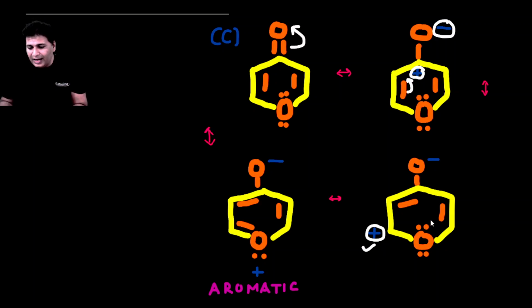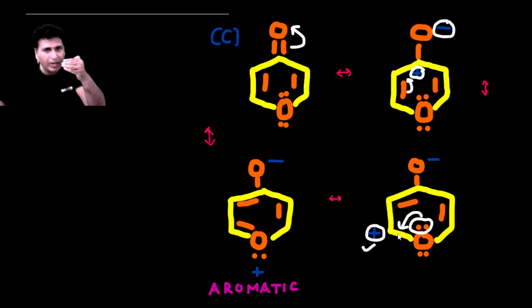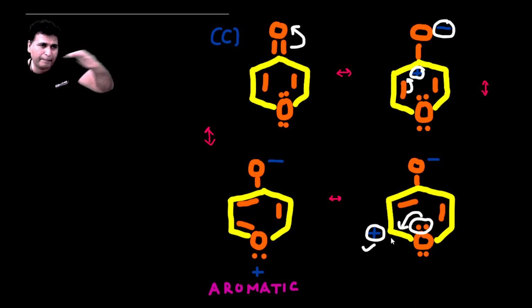Plus single lone pair, which I have already spoken about, is one of the conditions of resonance. So what happens in this case? This lone pair just flips over towards the plus charge and makes a pi bond, and as you can see, a pi bond has been created, and as it goes away from the oxygen, this oxygen acquires the plus charge.